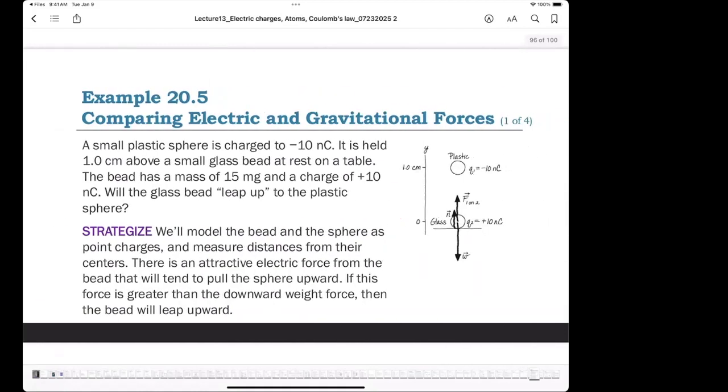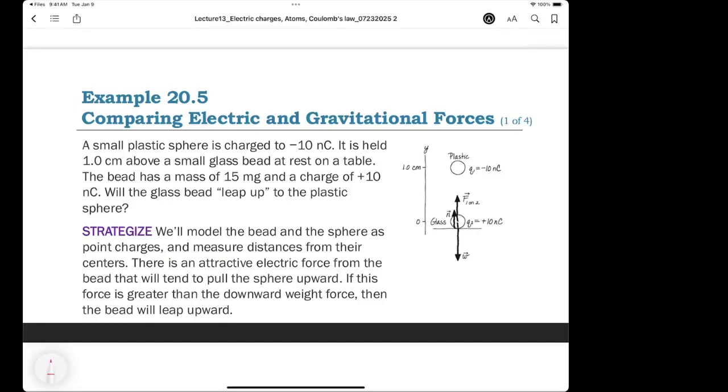Okay. Let's talk about the other example, comparing electric and gravitational forces. A small plastic sphere is charged to negative 10 nC, and it is held 1 centimeter above a small glass bead at rest on a table. The bead has a mass of 50 mg and a charge of positive 10 nC.